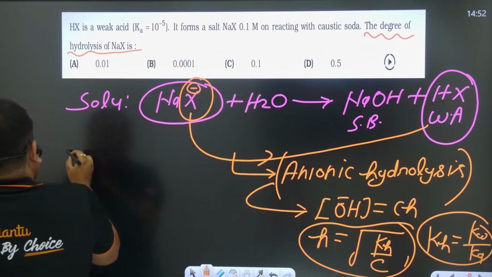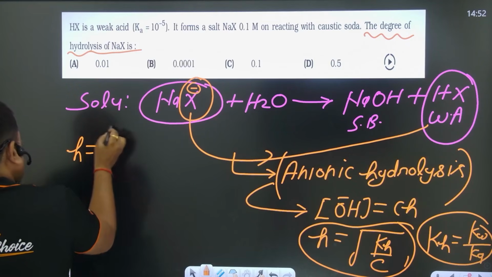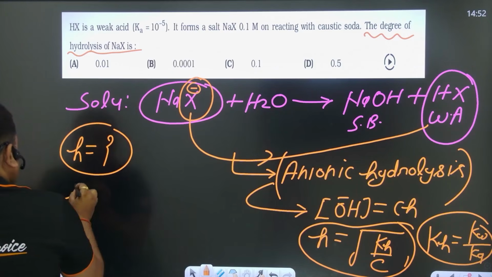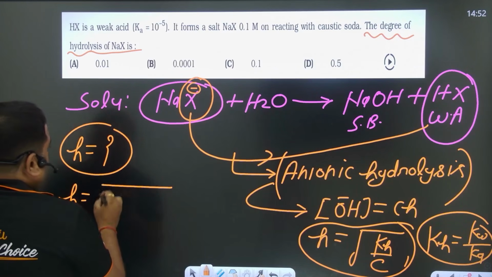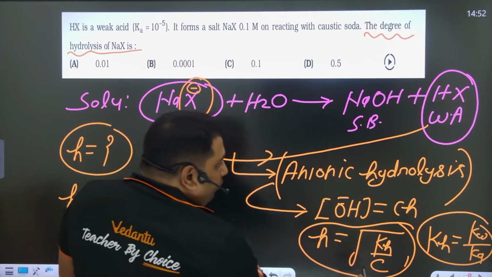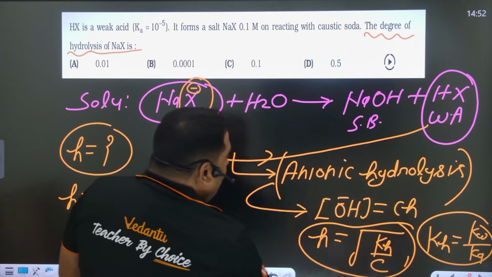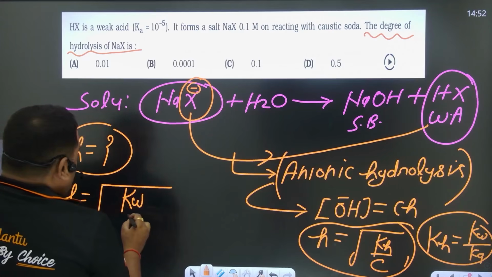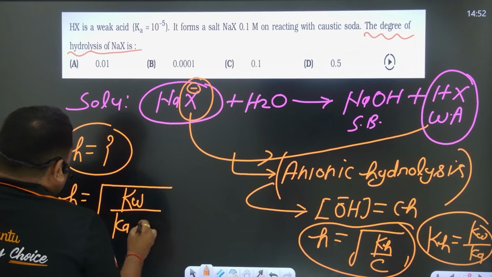They ask what is the h value, right? So h is equal to under root Kh by C. Now you have to put the value of Kh. Kh is equal to Kw by Ka. So you can write h equal to under root Kw by Ka into C.